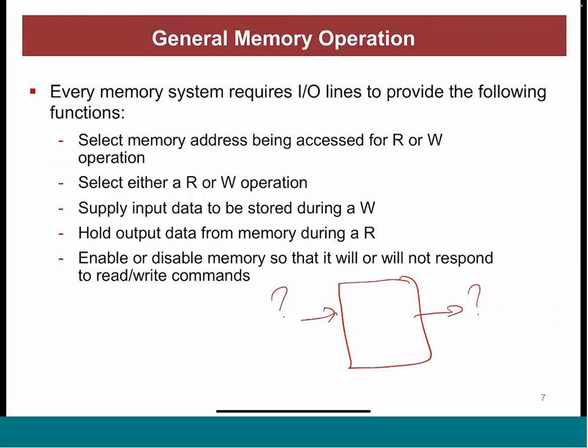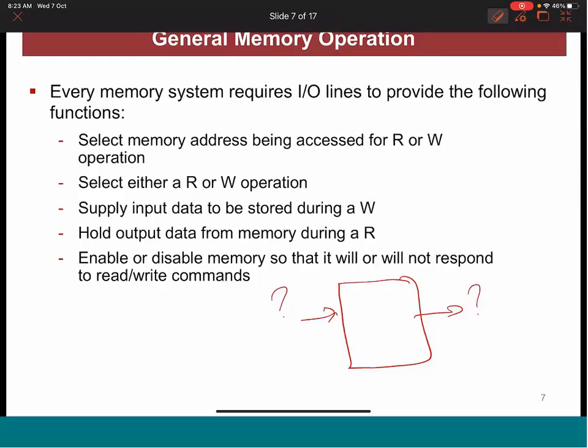In order to read and write, we need a data bus, right? The first thing that we need is the address. So we have what we call an address bus.